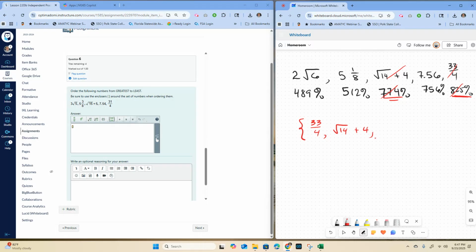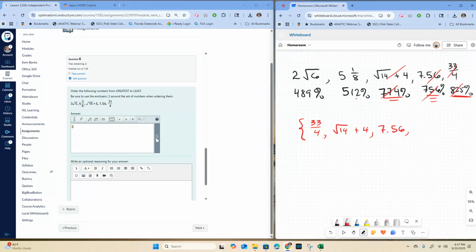What's the next one? The third biggest, or the third smallest, that's another way of saying it, is 756%. But as a decimal, the original number was a decimal, 7.56. That's what goes next. Cross it out. And then the next percentage, because I'm going from biggest to smallest, is the next biggest.